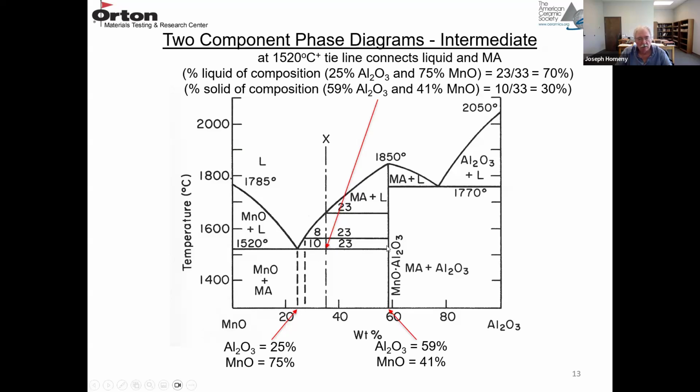So if we do the math here, the percent liquid for this composition, 25% alumina, 75% MnO, is just 23 over 33, or 70% liquid. And then the percent solid is 10 over the entire tie line of 33, or 30%. So just above 1520, there's still 70% liquid present.